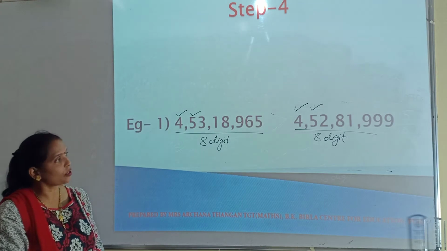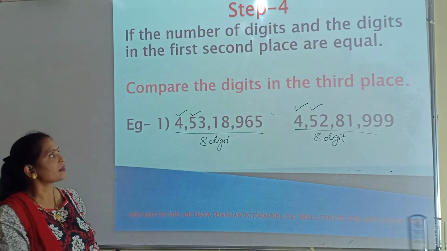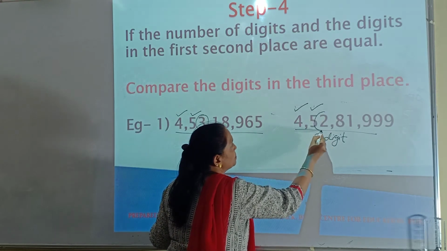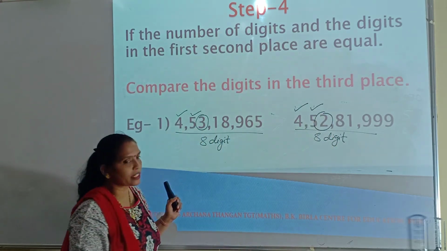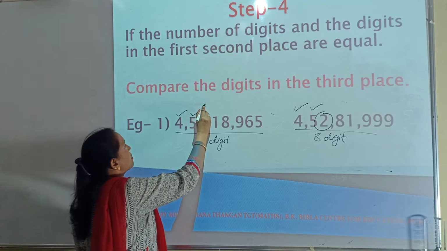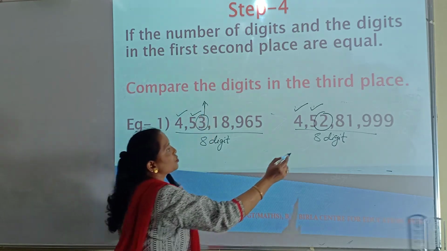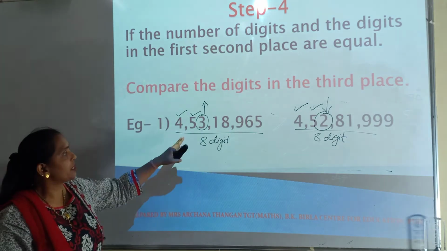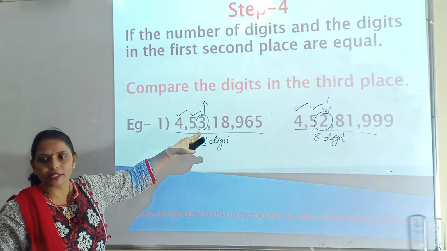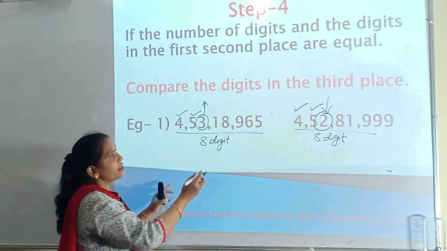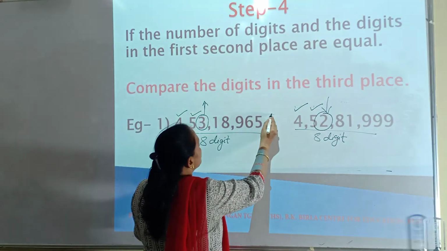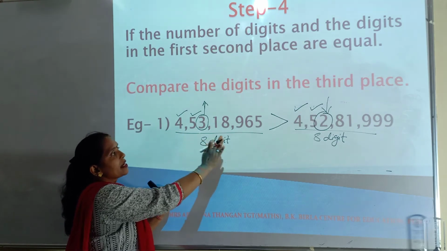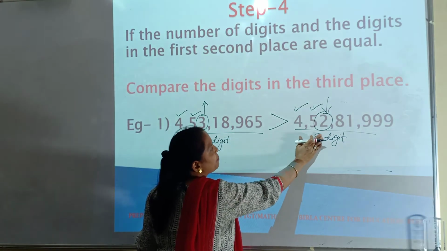Here we need to check the third digit. The third digit here is 3 and here is 2. So which digit is greater? 3 is greater and 2 is smaller. Which number is greater? This number, because the third digit is greater here and here the third digit is small. So this number 4 crore 53 lakhs is greater than 4 crore 52 lakhs.